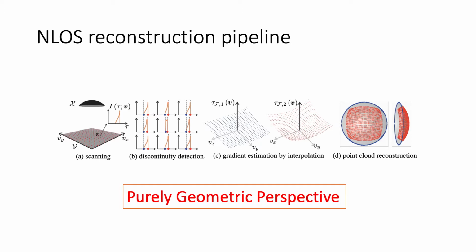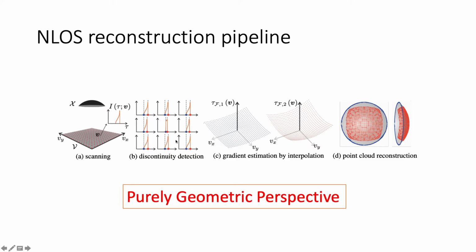In this paper, the authors proposed four steps to reconstruct the non-line-of-sight objects. Let's have a glance at the reconstruction pipeline first, and the details will be introduced in later slides. In the first step, we collect transient measurements I at multiple points v on the visible surface V. We know that a transient is the radiance from photons with time of flight t.